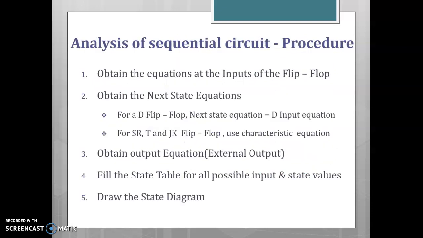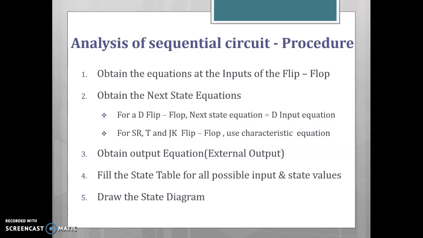So we'll see the procedure for the analysis of the sequential circuit. The first step is to obtain the flip-flop input equations. Next, write the next state equation. For the D flip-flop, the next state equation is the same as the D flip-flop input equation.